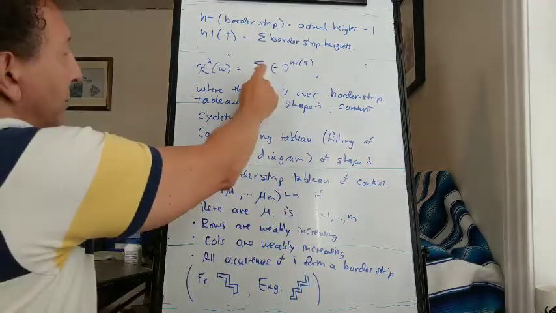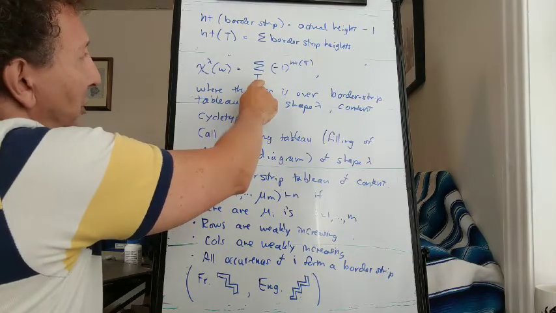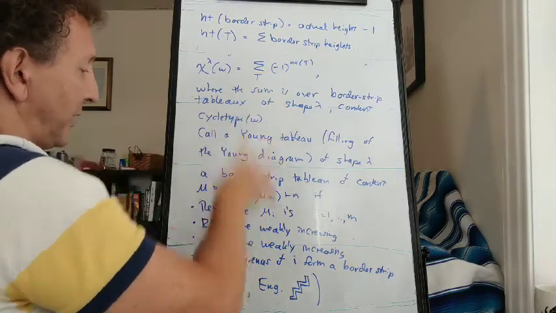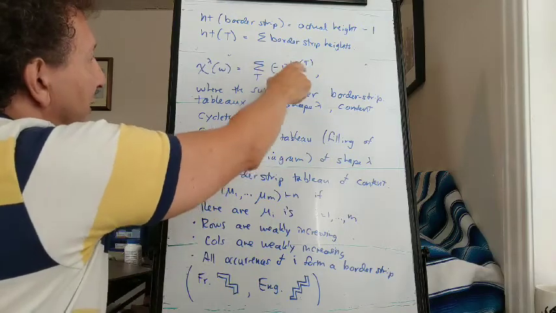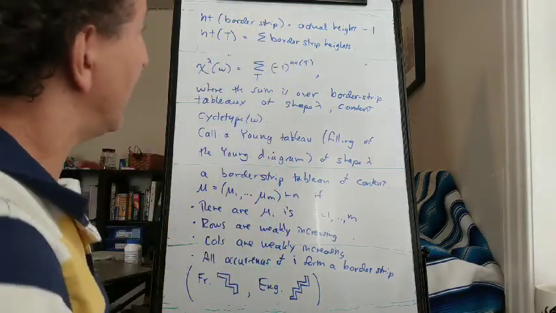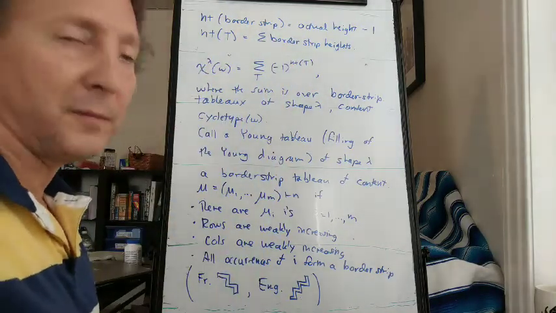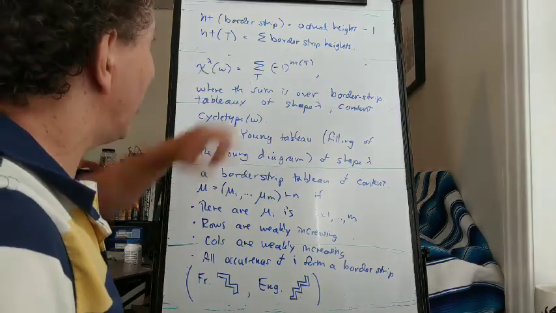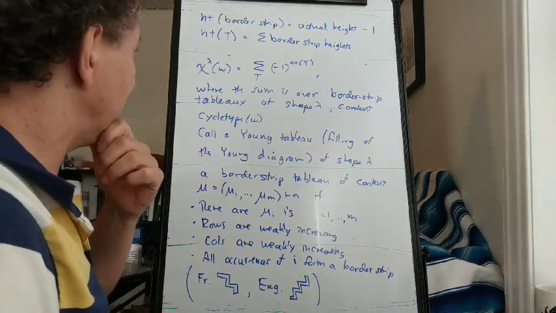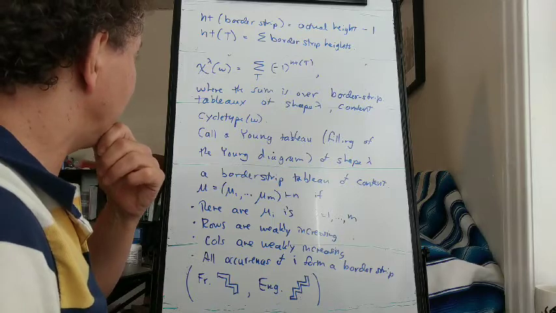So just picking out a border strip tableau, satisfying all the conditions and computing its height, that contributes either 1 or -1 to the formula. Now we have to do this for all border strip tableaux of shape lambda and content the cycle type of W.